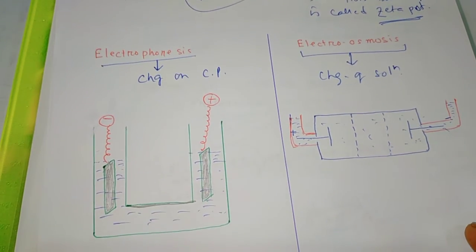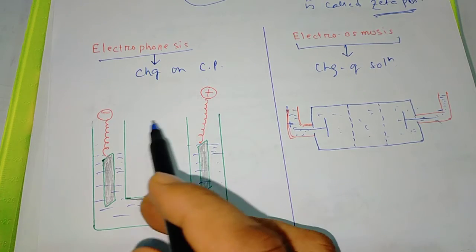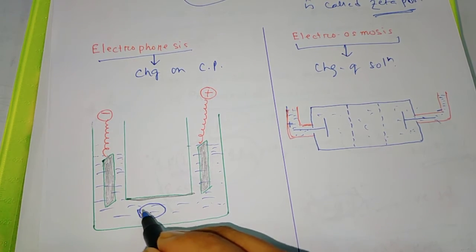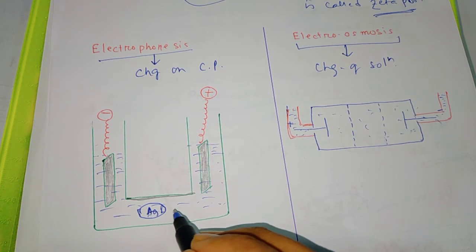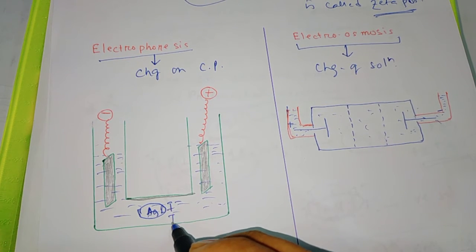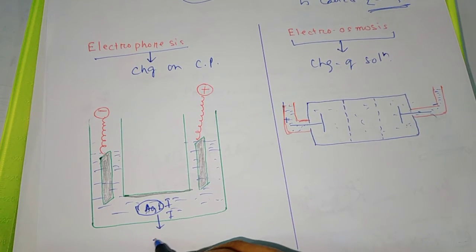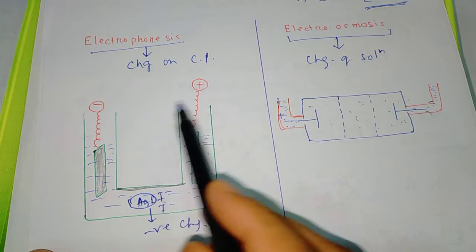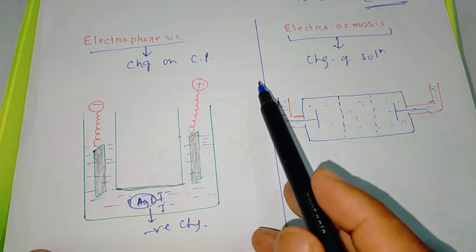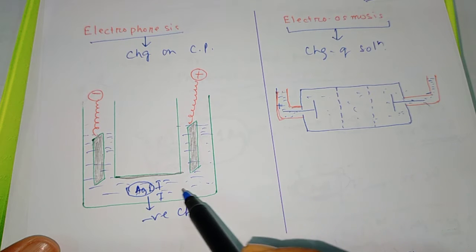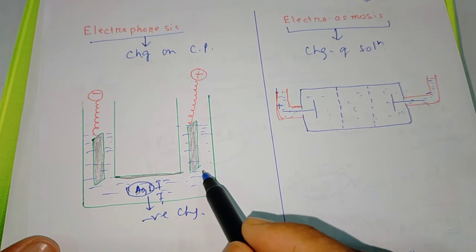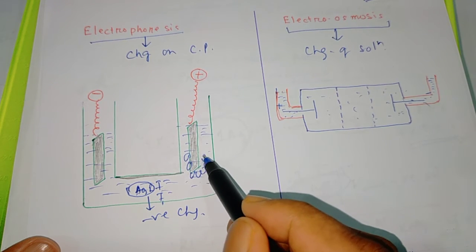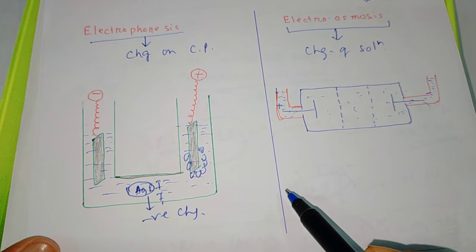So first of all, we are doing the electrophoresis in a U-shaped tube. Now for example, the colloid that is prepared, for example silver iodide and iodine is there. So this colloid has negative charge. Now when you connect that one with the positive and negative parts of the electricity, since this one is negatively charged, it gets attracted to the anode.